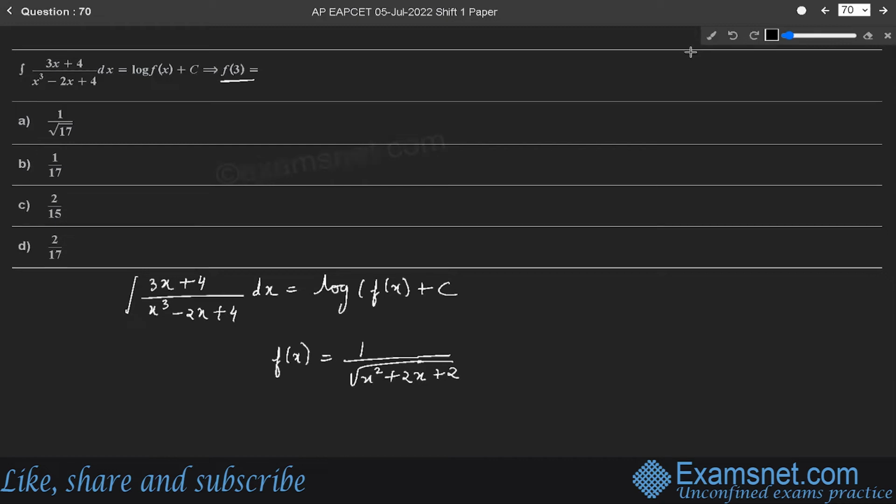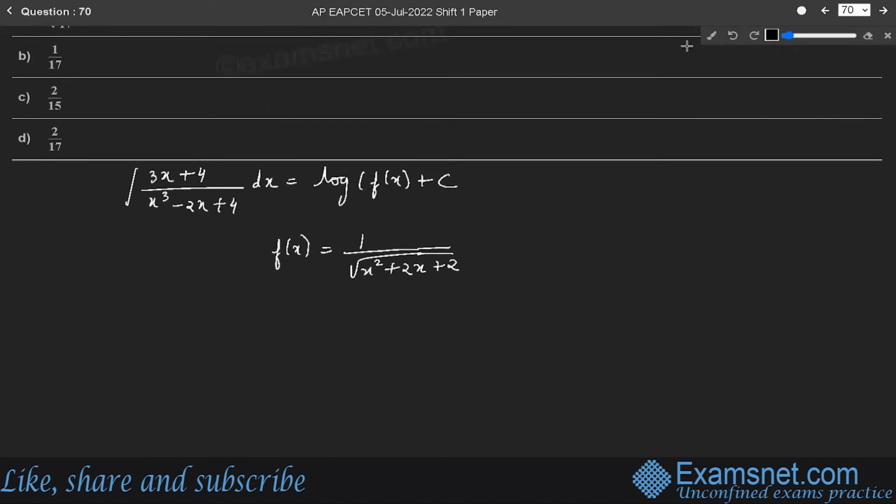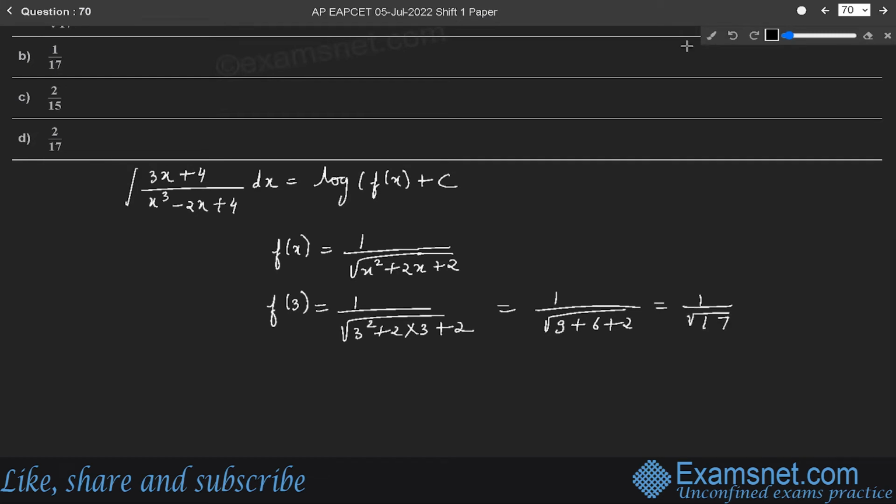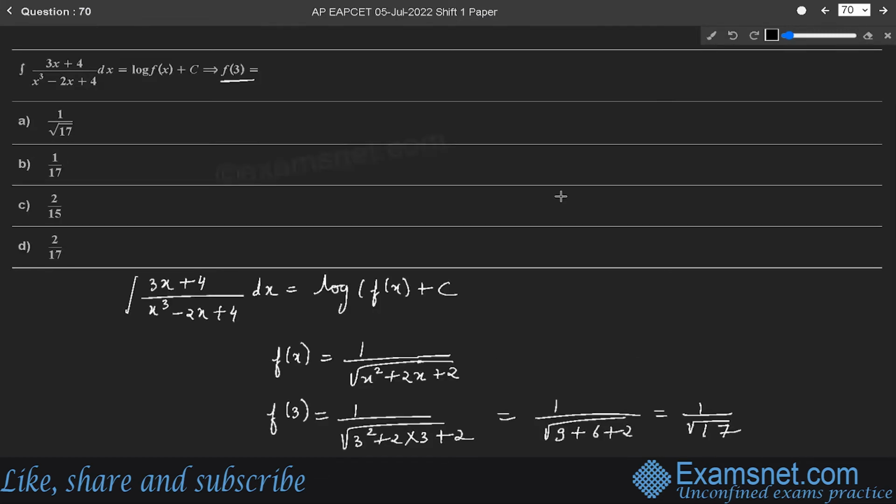If f of x is 1 upon under root of x square plus 2x plus 2, then f of 3 will be equal to 1 upon under root of 3 square plus 2 into 3 plus 2, which is equal to 1 upon under root of 9 plus 6 plus 2, which is equal to 1 upon under root of 17. So we can say that the correct option is option number A here, which is 1 upon under root 17.